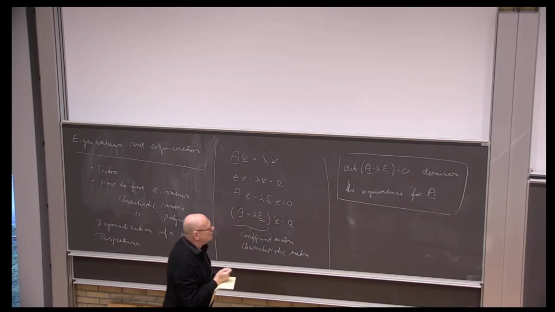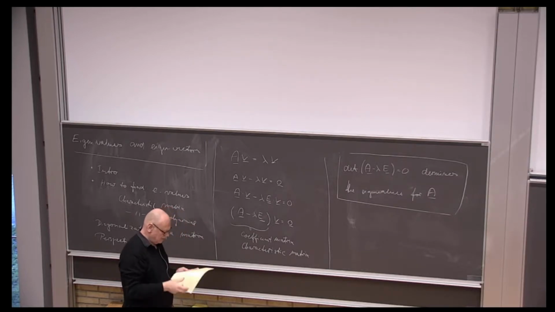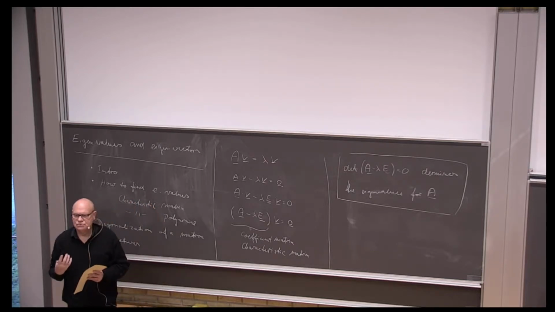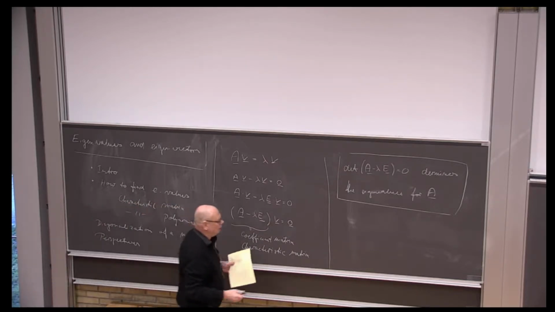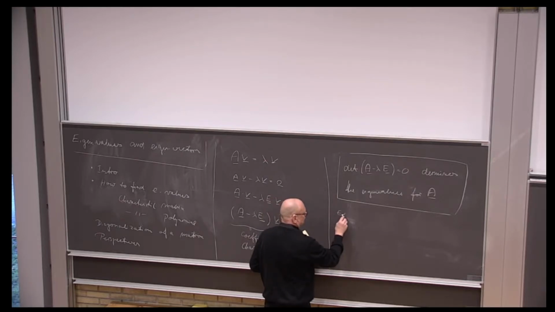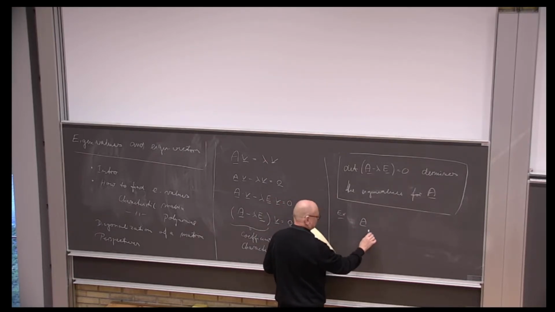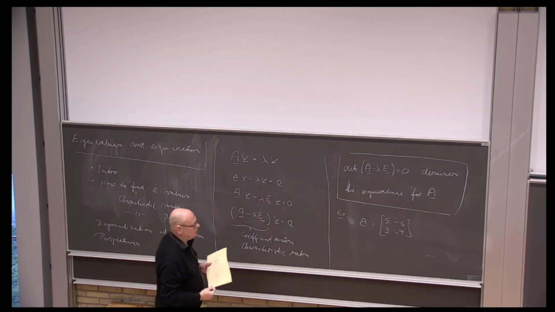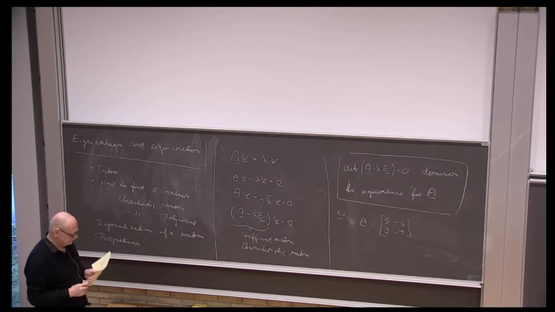Now, how does this equation look? I'm going to do a simple 2x2 example. You have A is 5, 3, minus 6, and minus 4. I'll use this example throughout the lecture.